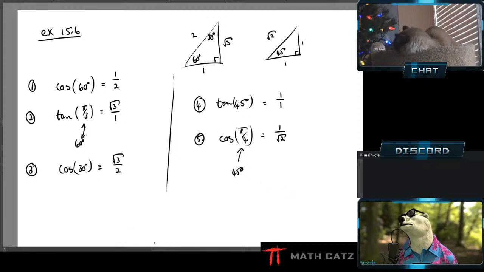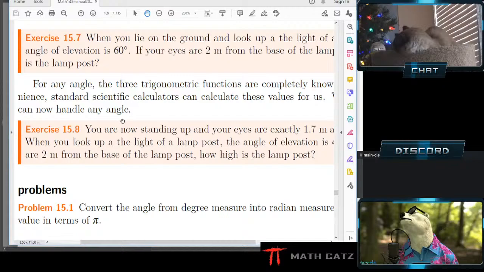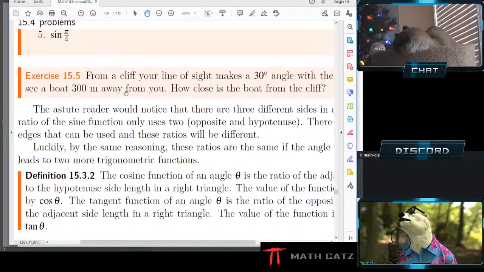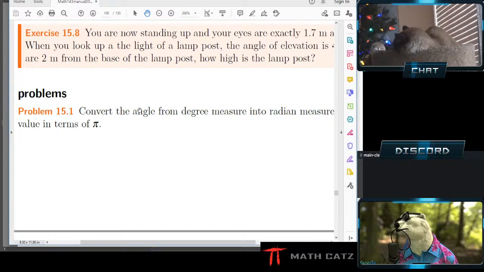All right, so that gets us a little bit further. And these trigonometric functions we are going to need when we get to the word problems. There's a couple of word problems, 15.5, 7, and 8, that we will do next time.